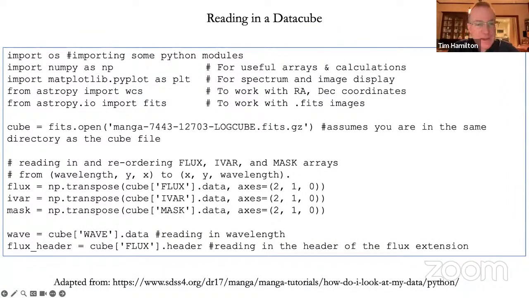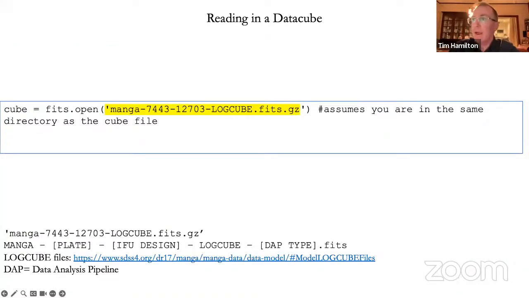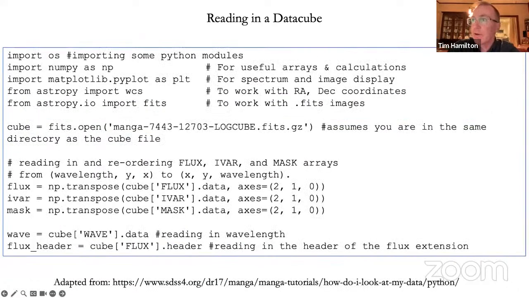First of all, let's read in the data cube. Actually, I should start here. These are just for those who are new to Python. What we're doing is importing various packages that will give us more functions, and more ease with some commands that we can use here.